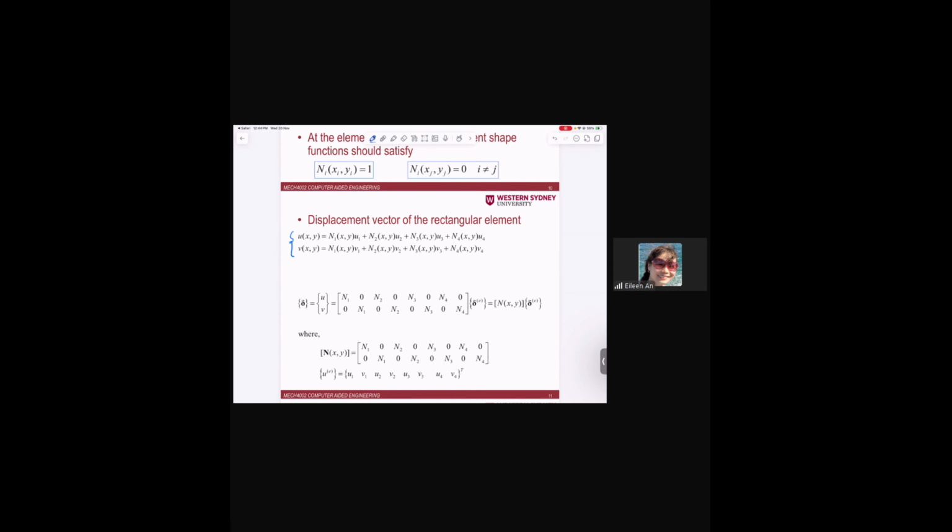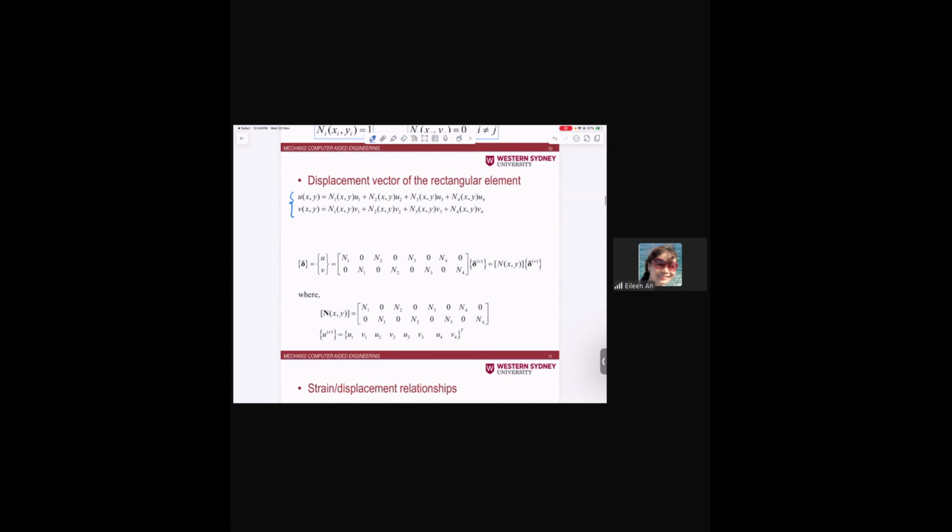So to calculate the displacement in x direction, we need to use N1 U1 plus N2 U2 plus N3 U3 plus N4 U4. And if we write it in the matrix format, here it is. So the displacement equals the shape function matrix multiplied by the node displacement matrix.